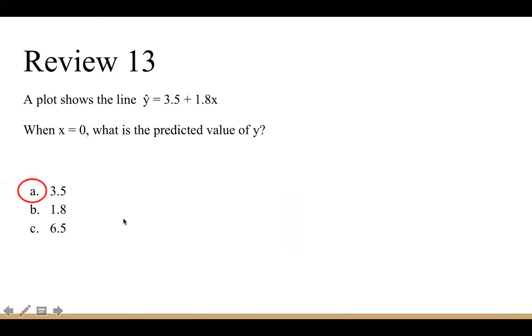All right, yes, A is our answer. Just plugging in 0 for x, you would get 3.5 as your answer. So there's not much explanation there.